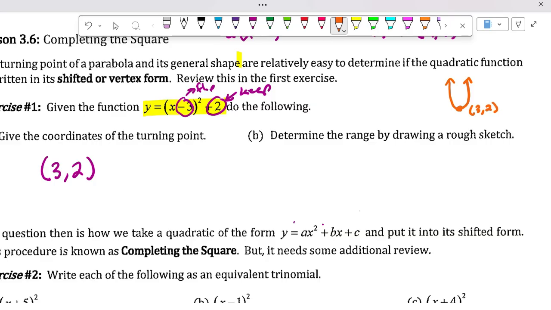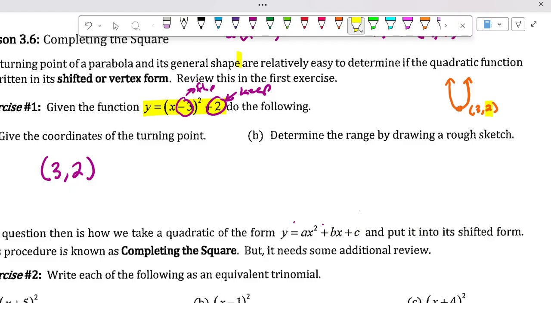So if I want to determine the range, first off, we know range is what values? Is range x or y values? It's the y. So we're using the 2. Is that 2 going to be the lowest y value or the highest? So guys, look, if it's opening upwards, is this going to be my lowest y value or the highest?